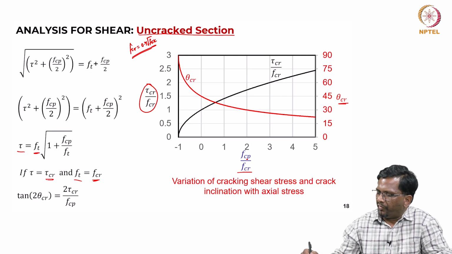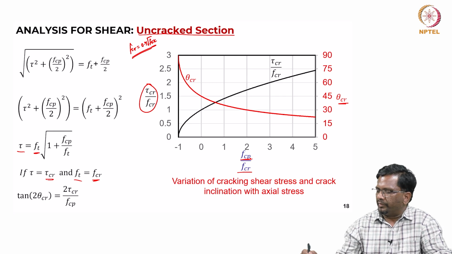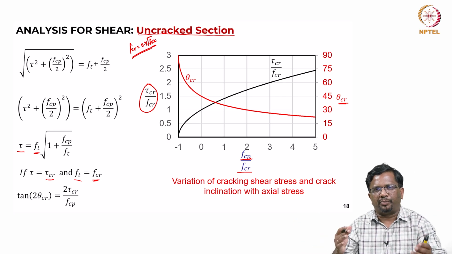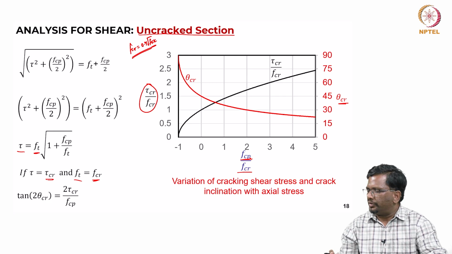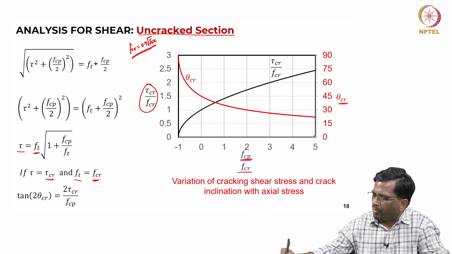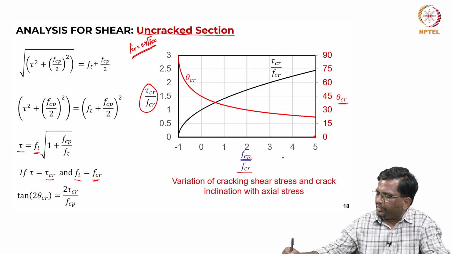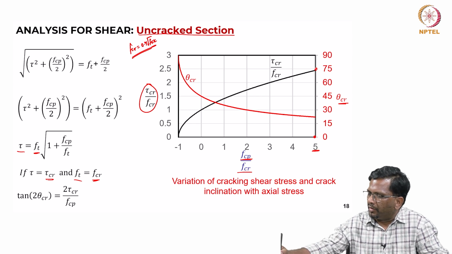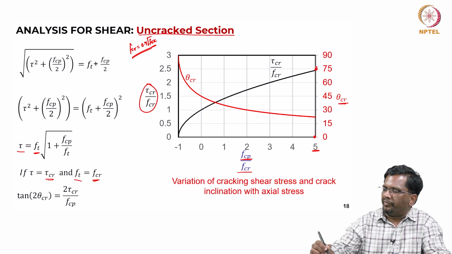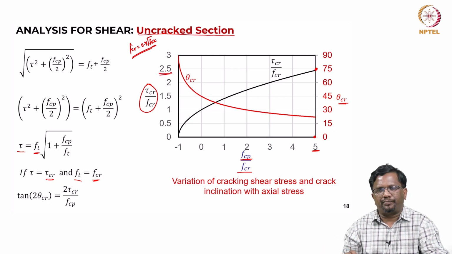So, if FCP becomes higher, that means I am applying a lot of pre-stress compared to the tensile strength of the concrete, right. As you can see, if I put a lot of pre-stress, FCP by FCR equal to 5, you find that the shear at which it is going to crack becomes close to 2.5.